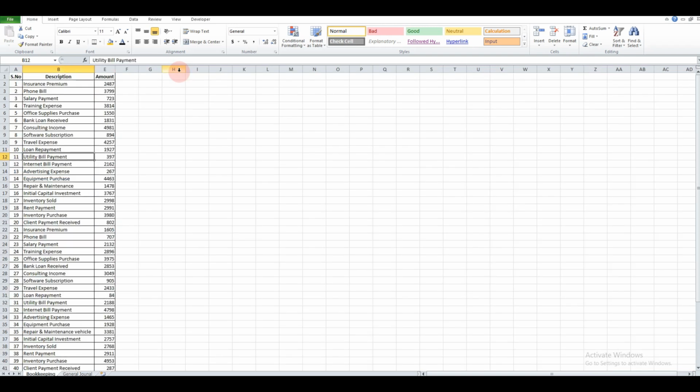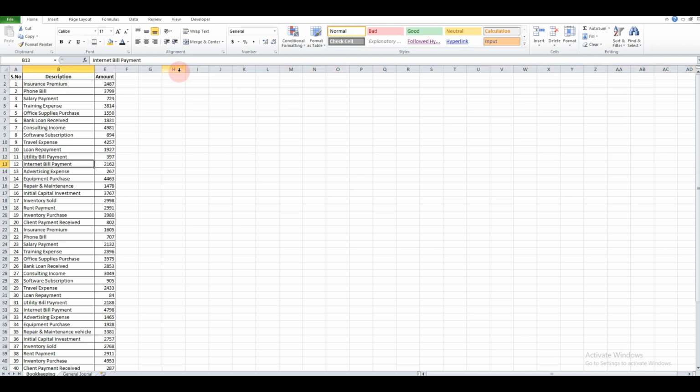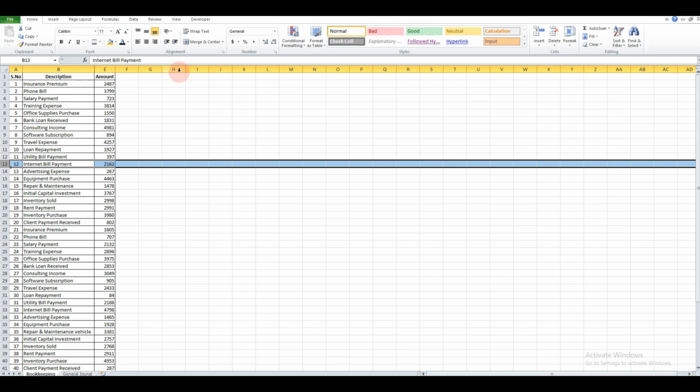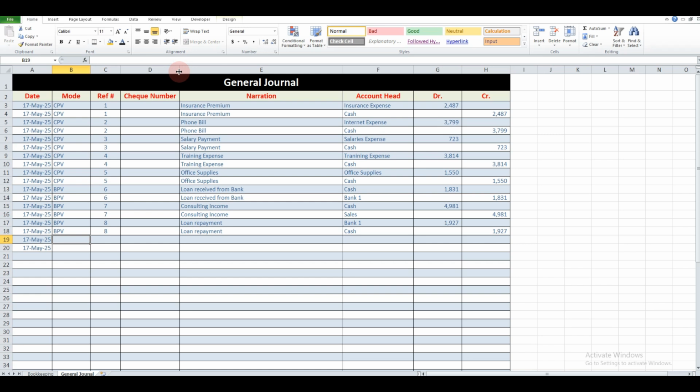And the other entry is utility bill. It's also an expense. Internet bill, it's also an expense. Advertising expense, equipment purchase, it's an asset account. Equipment is an asset. So, sorry, it's a cash payment voucher. We purchased equipment in cash.